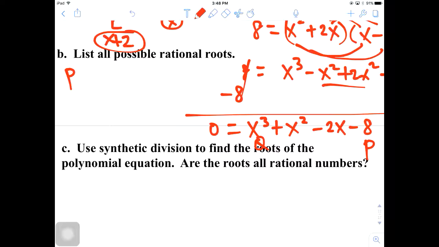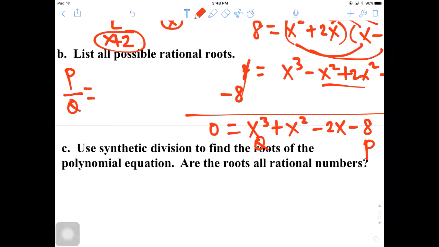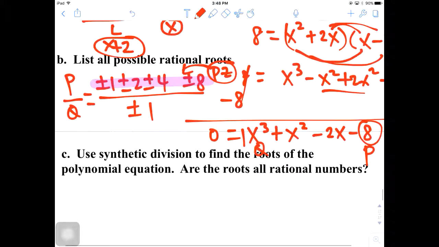So we're going to use P over Q. We're going to list the factors of 8, which is plus or minus 1, 8, 2, and 4, divided by the leading coefficient, which is 1, so that will be plus or minus 1. When you divide everything by 1, you will have the list of possible zeros, which is highlighted right here. There are 8 factors. So that's the answer for part B.